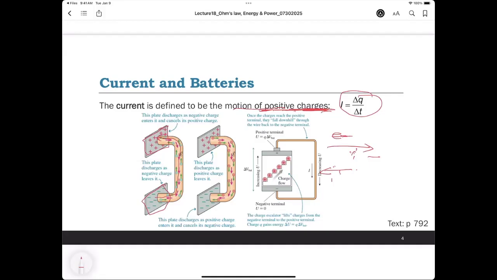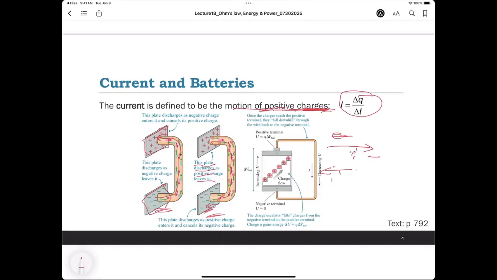This is the real situation for the parallel plate capacitor. But we can also consider this motion as the plate discharging as positive charge leaves it and goes to the other one, and the other plate discharges as positive charge enters it and cancels its negative charge. We can consider this process as that process. It's a similar thing.